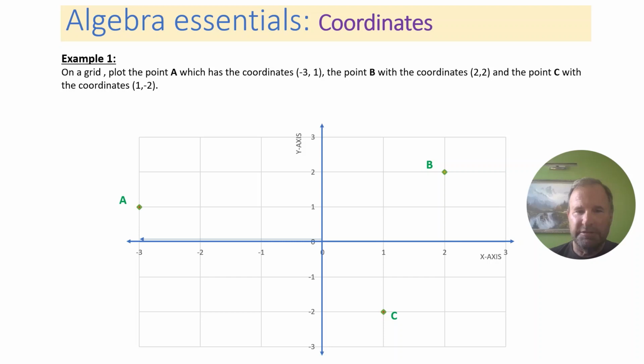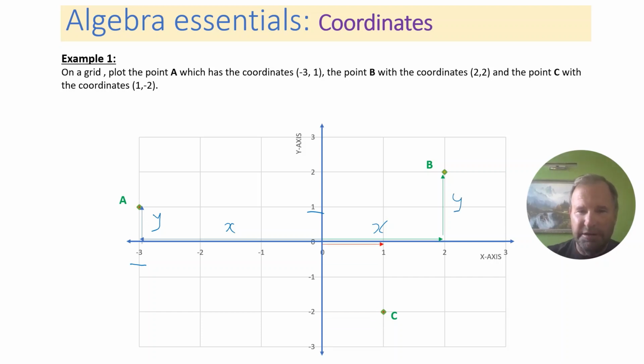Here's A first. So we've gone across the x and we've landed on -3. We've gone up 1 in the y coordinate and we've landed on 1. Here's point B, gone across the x coordinate here, and then we're going to go up the y coordinate here.